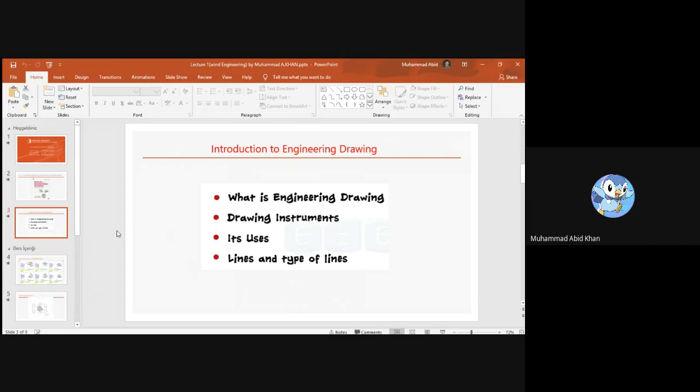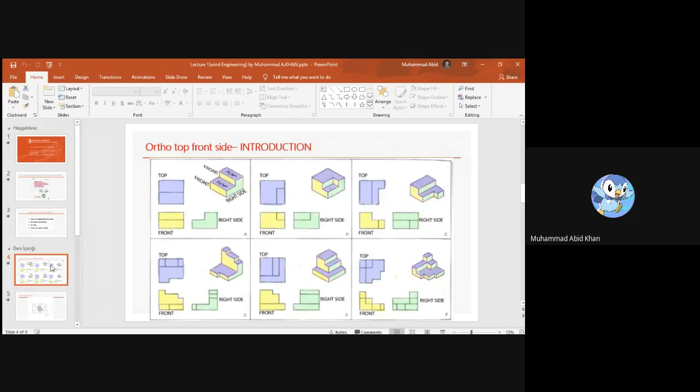Let me introduce you more to the views: front side, top side, back side. This is the first angle projection. Let's say here is a device. We consider this a device; we don't know, maybe this one is straight. This yellow side we are considering the front side, as we mentioned in this slide.